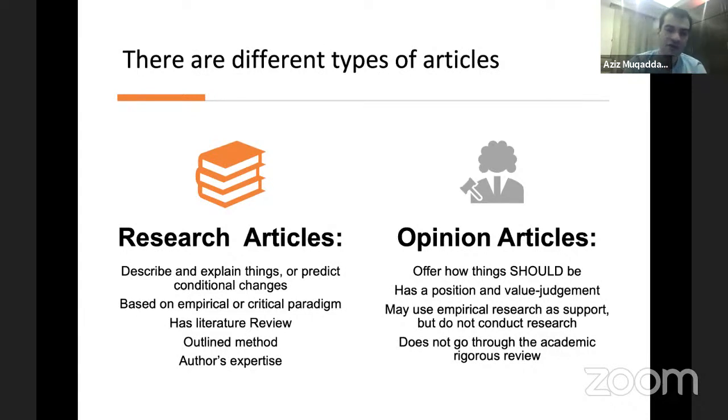As opposed to a research article, you don't start from research to the position. You actually have a position, and then you look for whatever supports your argument. It doesn't go through a rigorous academic review. As opposed to experts, opinion articles are mostly written by pundits, journalists, or bloggers, and they try to advance different points of view without necessarily going deep into that research or field.